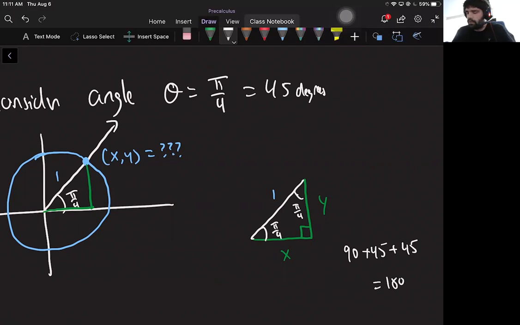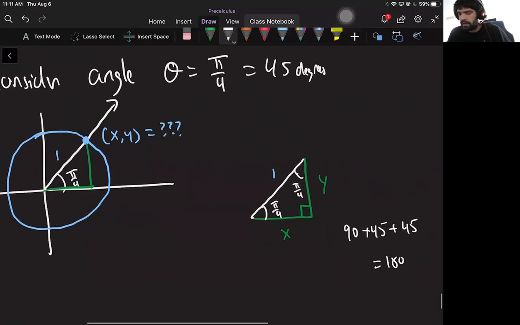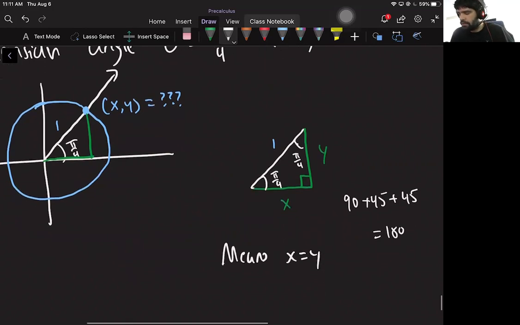And if you remember from a long time ago, maybe like in high school, if you have two angles that are the same, then this is called an isosceles triangle. And what that means is that the two corresponding side lengths are also the same. So this means that also x equals y, because the angles are the same.